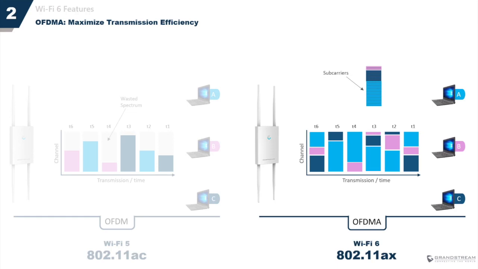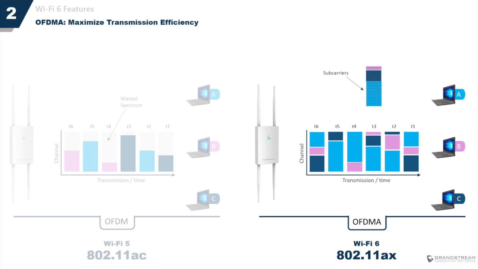These resource units are assigned to different clients, which allows the access point to serve them simultaneously during uplink and downlink transmissions. The number of RUs assigned to each user depends on the traffic type and the bandwidth capabilities of the client.